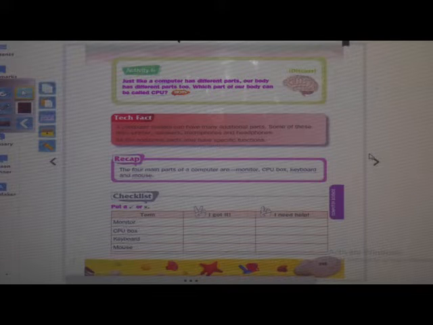You compulsorily need those parts to make a computer work. Leaving those 4 parts, the additional parts, which are printer, speaker, microphones and headphones, are additional. If you require, then only you can join these.